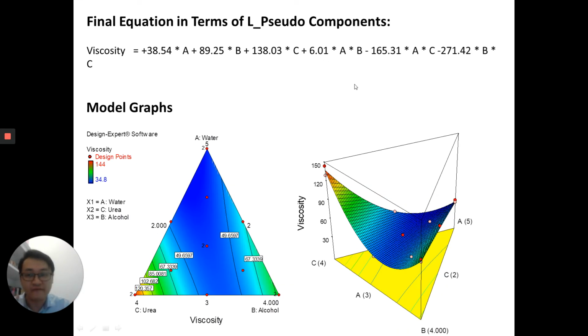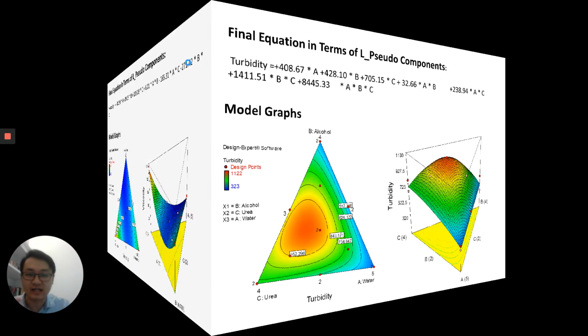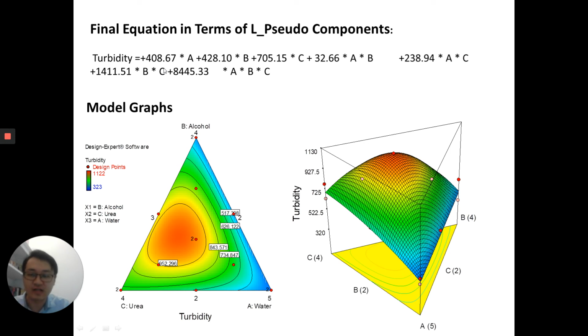So because you have two responses, hence you will have two equations. One is the viscosity and another one will be the turbidity. From here, the model graph will show you this triangle shape design as what I showed you in the previous slides.